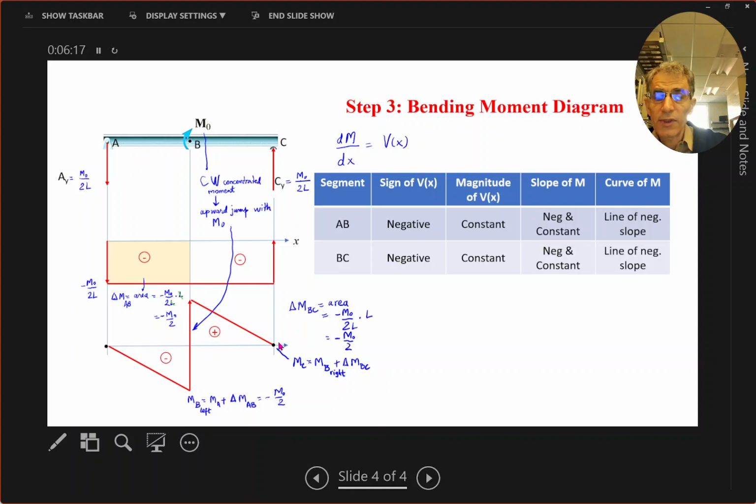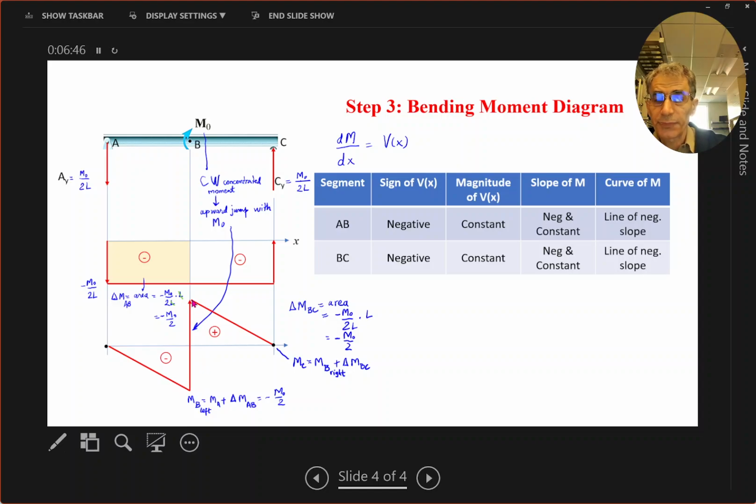And we are supposed to calculate where we are landing at the end, where we are supposed not to have any moment. When we do so, we see that the moment at C is going to be equal to the moment at B. And as you can see, I put here the moment at the left of point B and the moment at the right of point B, because right there at point B we have that sudden jump.